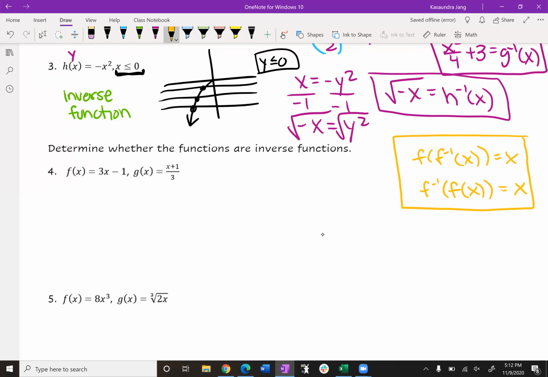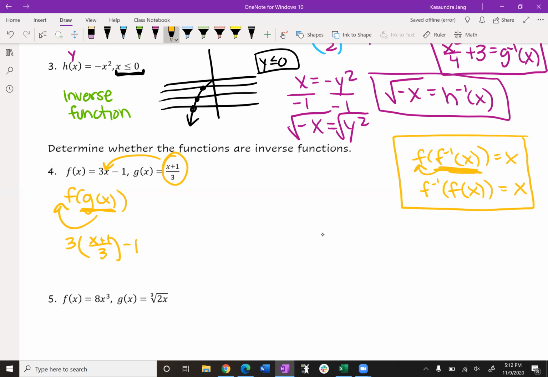So when I say f of something, that means I'm going to sub that into the function. I'll do the f of g of x first. I'm going to take the entire g of x function and sub it into the f. So this whole thing goes in for my f function. I get 3 times the quantity x plus 1 over 3, so there's my whole g of x replacing the x, and then minus 1.